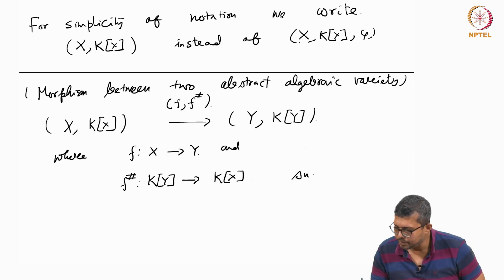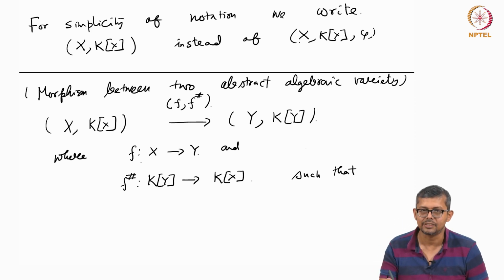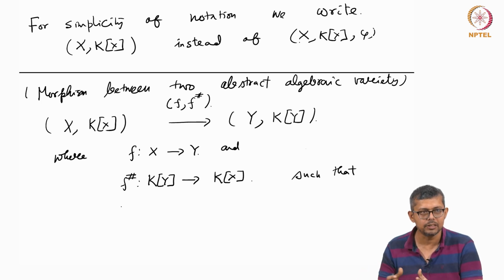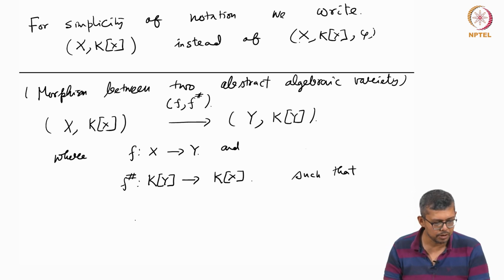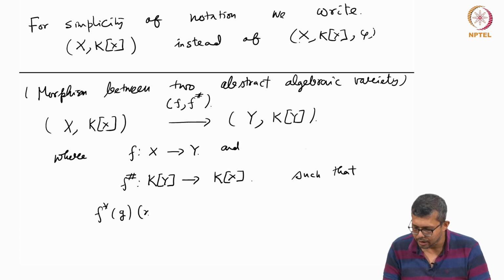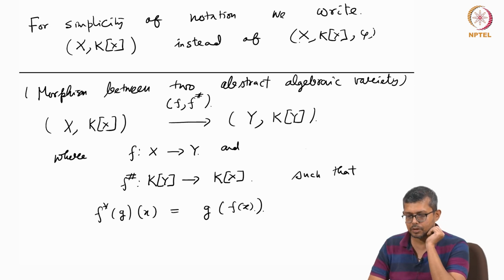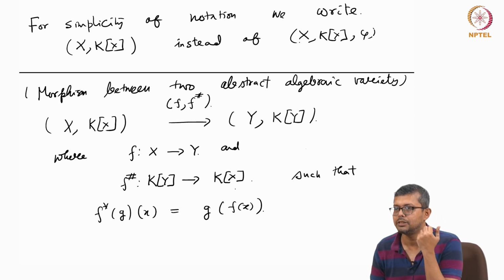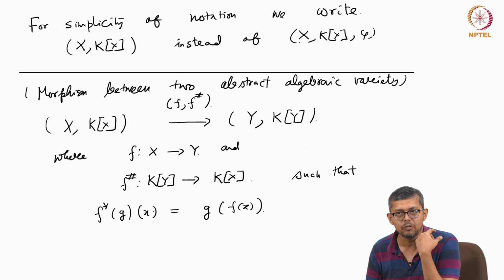such that there should be some relation between f and f hash, right? It is a two-part map. One is an algebra map, one is a set map, but there should be some relation between f and f hash, and that is that f hash of g at x should be g of f of x. So, f hash of g you think of as a function on x, so you can evaluate f hash of g at x the way I defined.